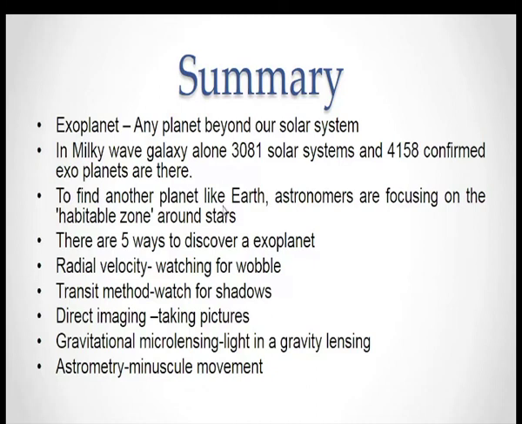There are 5 ways to discover an exoplanet: radial velocity, watching for wobble; the transit method, watching for shadows; direct imaging, taking pictures of exoplanets; gravitational microlensing, using the bending of light rays in gravity and focusing the light rays; and astrometry, the minuscule movement of a star relative to its neighboring star.